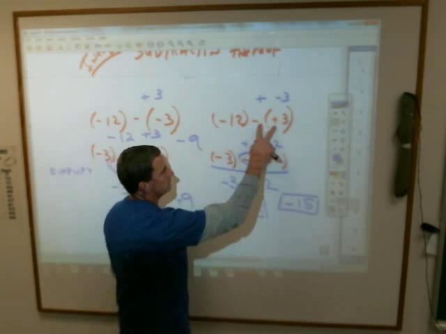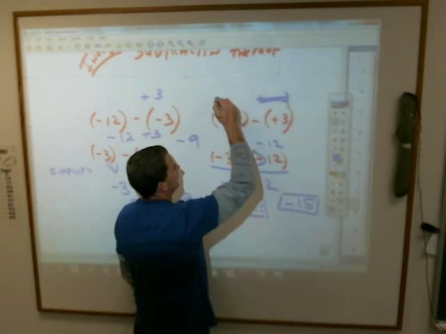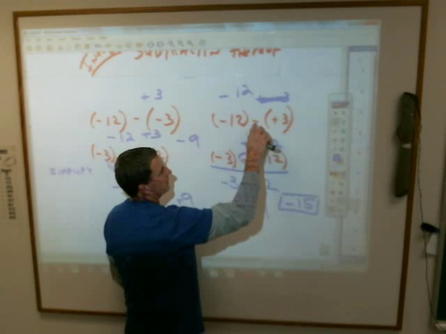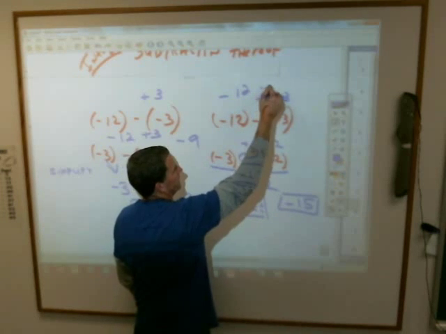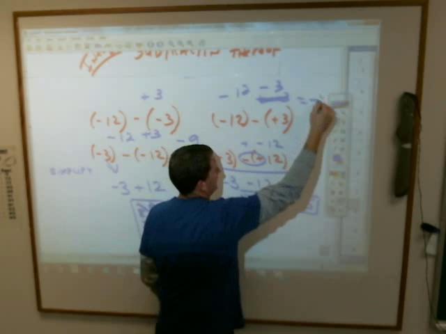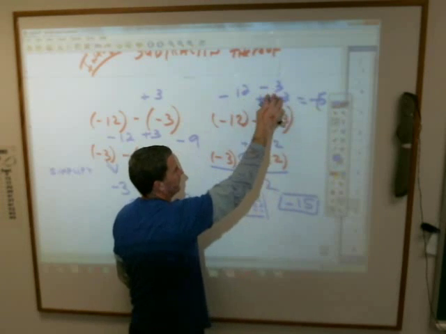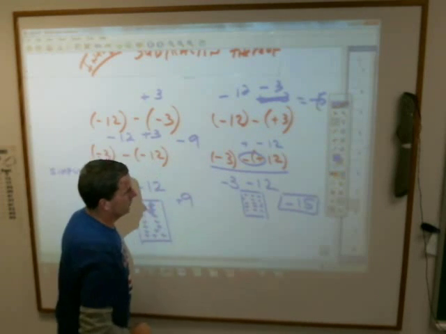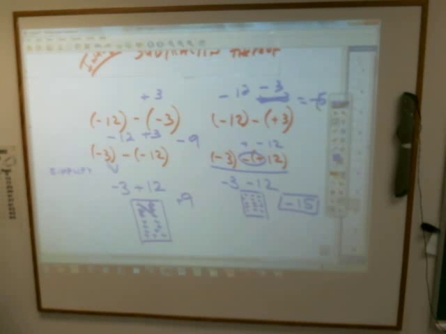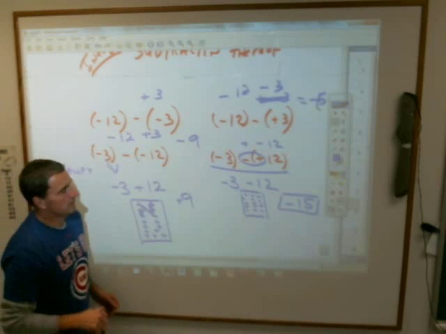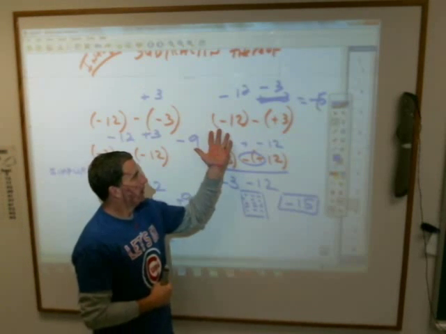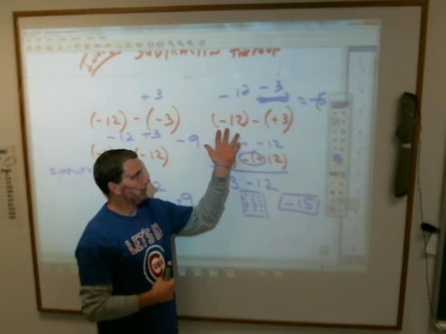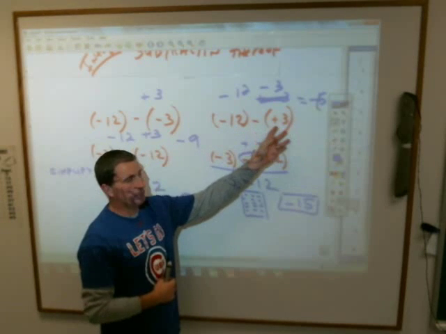Are you talking about this one? Yes. Well, let's look at it. You end up with a -12. These two opposite signs give you a negative. Then you end up with a -15 because a -12 and another -3 is -15. Those are the same problem in reality. You start off with a -12, and you're taking away 3 positives.